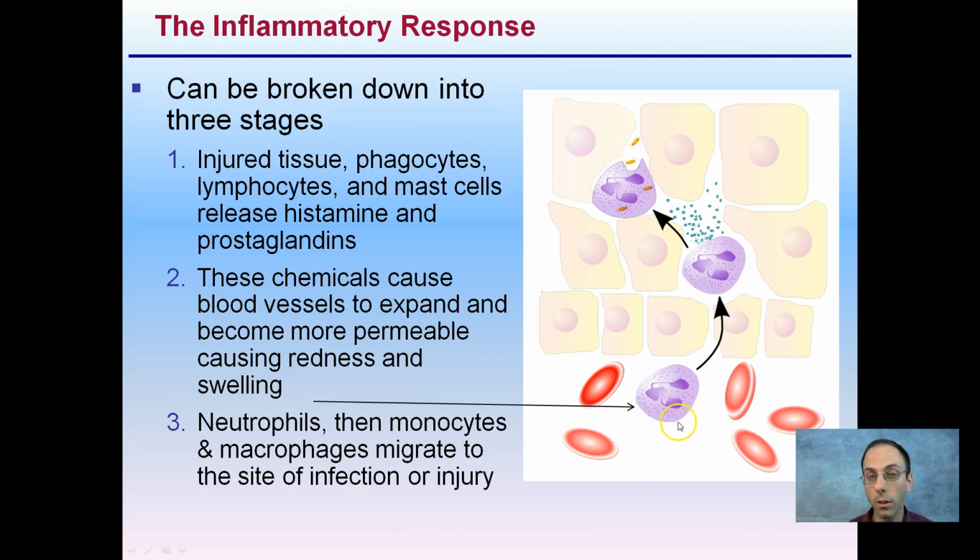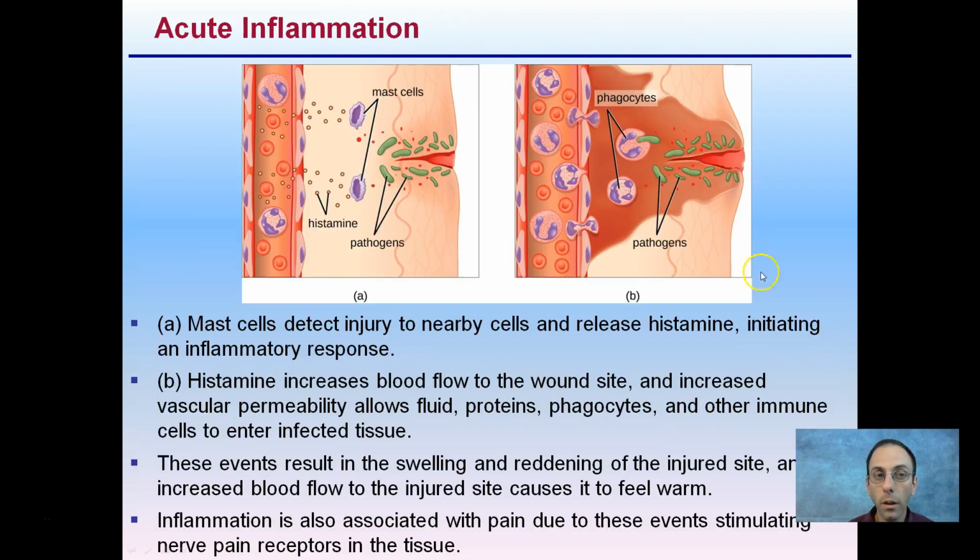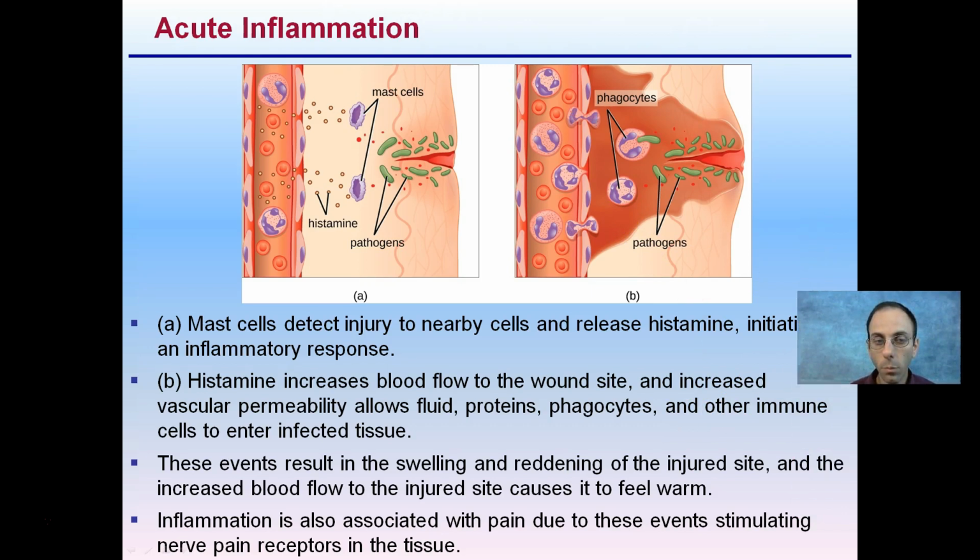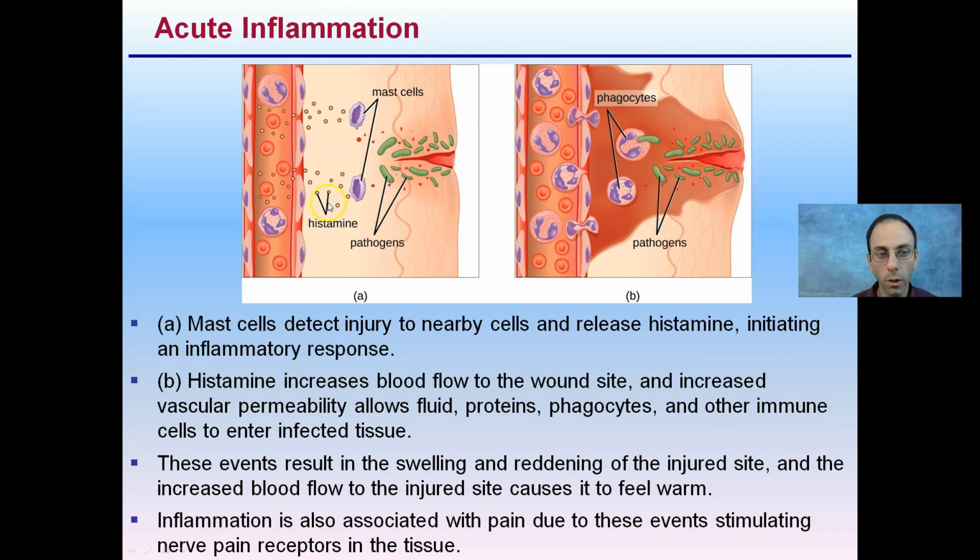into the circulatory system. Now, acute inflammation, we've seen this picture similar before, but it shows the histamine being released, and here we see the white blood cells, or leukocytes, exiting the vessel here and entering the area where the pathogens are present. So mast cells detect injury in nearby cells and release histamine, initiating the inflammatory response.